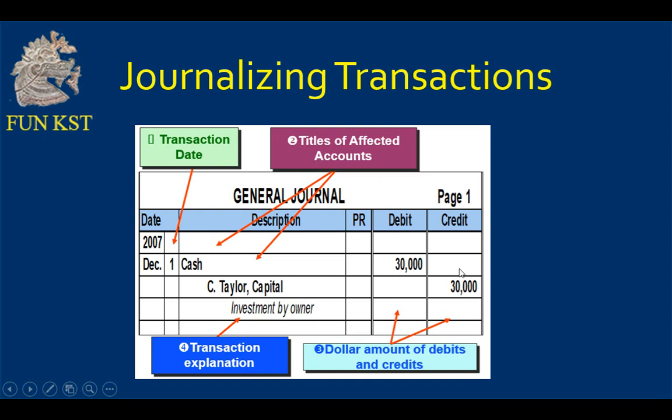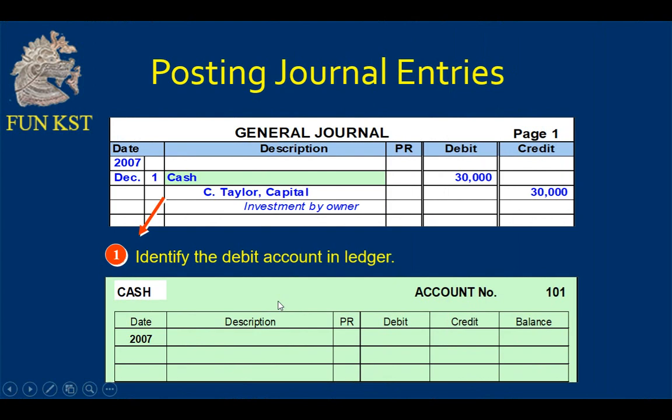So before we journalize the transactions, we need to know the format of the journal entries, or you can say general journals. First you need to put the date, number 2, the title of the accounts, cash and capital, number 3 is the dollar amount of debit and credit, and number 4 you put the explanation of the journal entry. That is the format of the journal entries. After that, we need to post from the journal to the general ledger. So we need to know the format of the general ledger also.